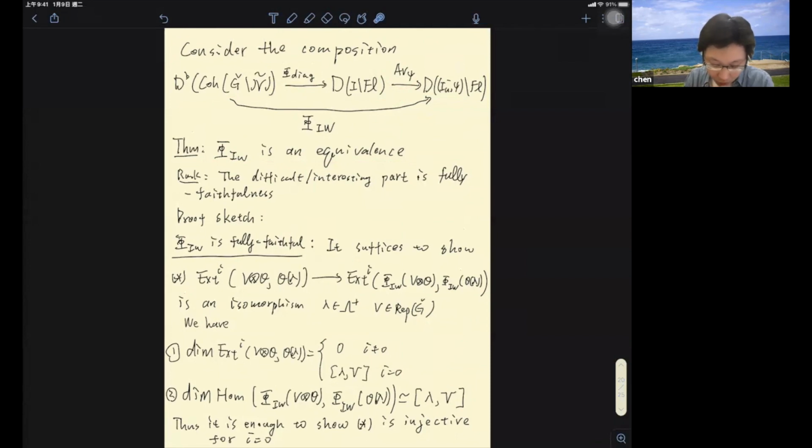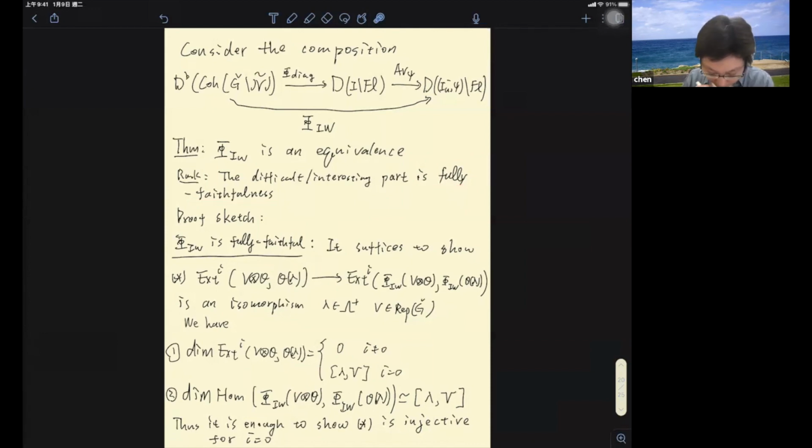Again, the main difficulty and interesting part is fully faithfulness of this functor. It's kind of easy to see that this functor is essentially surjective, but to prove fully faithfulness, you need to prove some other interesting results. So therefore, let's focus on the fully faithfulness.